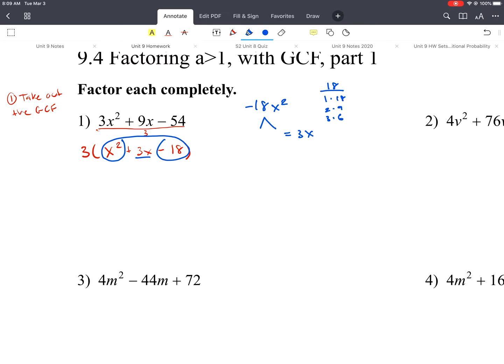Those are your only factor pairs. Okay, and you probably say, well, 3 and 6, we can use that to give us 3. We'd have to do 6x minus 3x. That would give you 3x. And if you multiplied those, 6 times a negative 3, that gives you a negative 18. So that works.